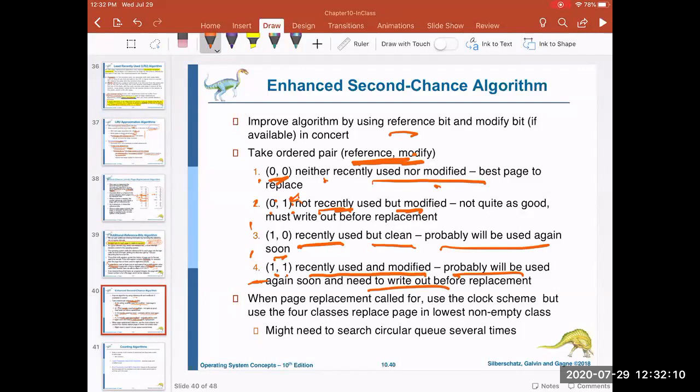And if a page is not modified, the copy is already there, so we can easily replace it. So these 4 classes are used to make the judgment of which should be replaced. If there are victim pages, we look into this class, and based on that, the judgment is made.